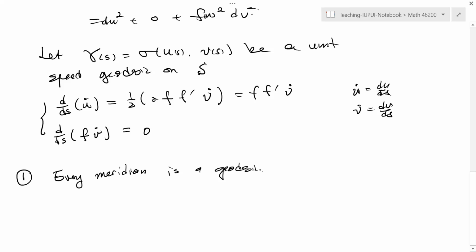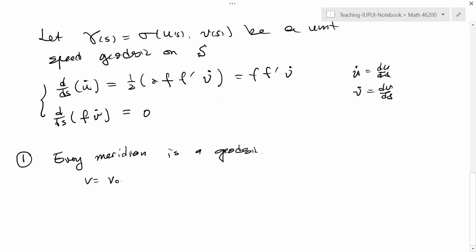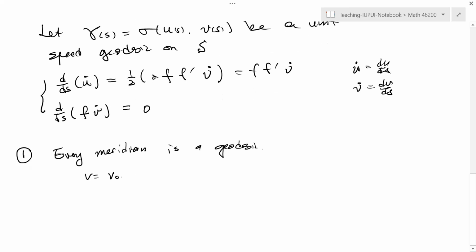Now let's prove this. A meridian means v equals a constant, right? That's a geodesic using our parameterization. You let v dot be 0 in the equation and see what we get. The first equation gives u double dot equals 0, and the second equation is satisfied automatically because v dot is 0.